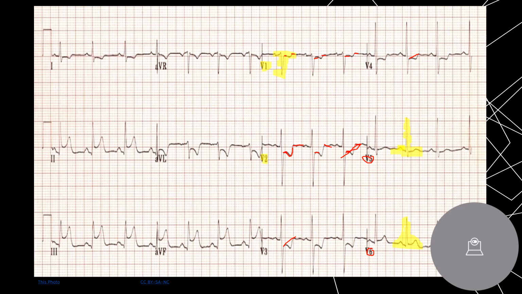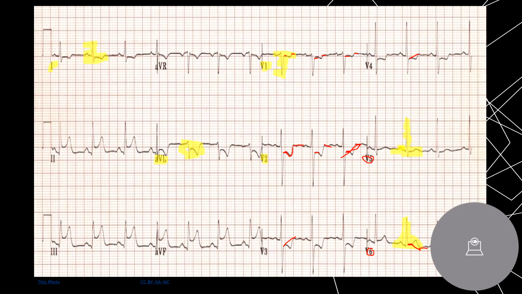Very good. So baseline, J point, and you can see it. Elevation, you have ST elevation in lateral, and then go high lateral, boom. You got more depression. This is a complex. ST segment depression. 1, and then AVL, right? High lateral. Again, huge depression.